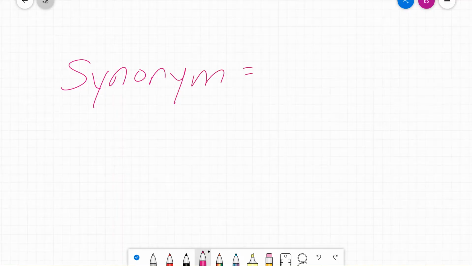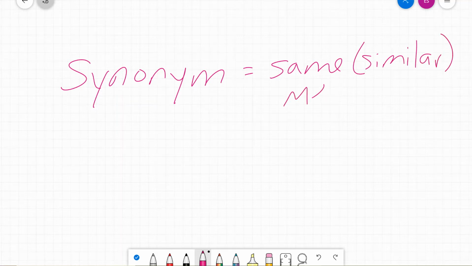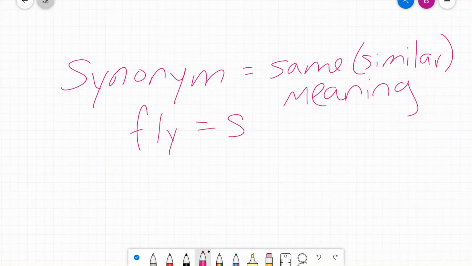A synonym is a word that has a same or similar meaning. So it might not be exactly the same meaning, but it's something that's pretty close. So an example might be fly is a synonym for soar. Now, of course, I might, as a writer, think about whether to use fly or soar. Fly seems very technical.